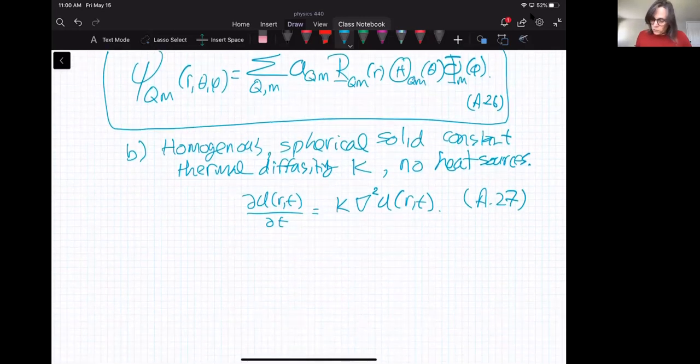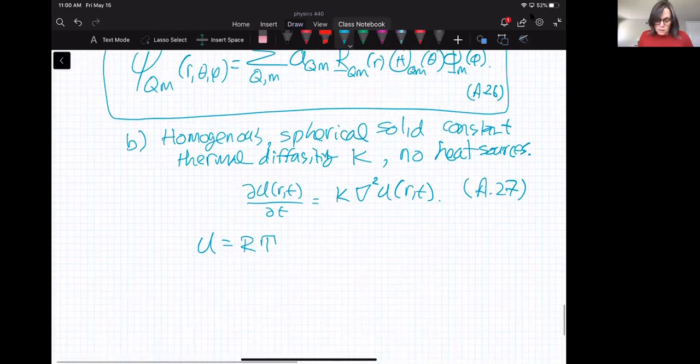And so we can write u as R(r)T(t), separating out, in this case just spherically symmetric.